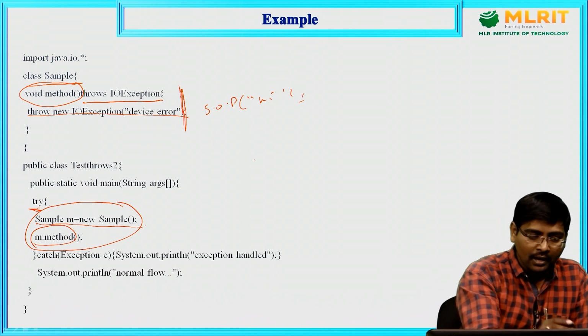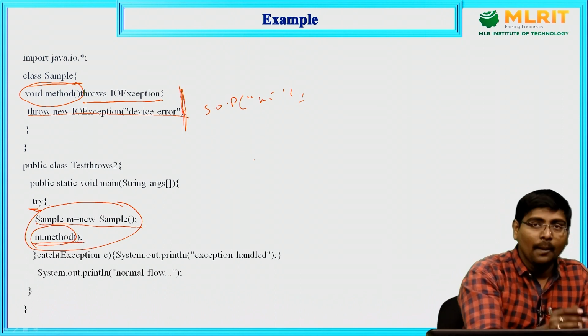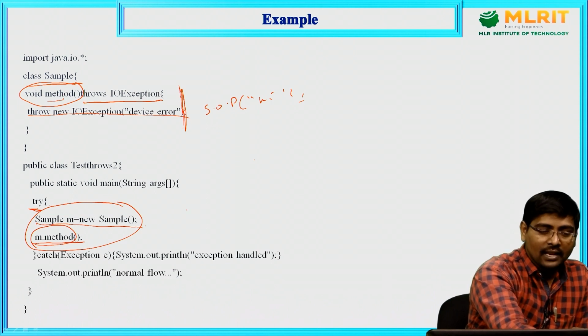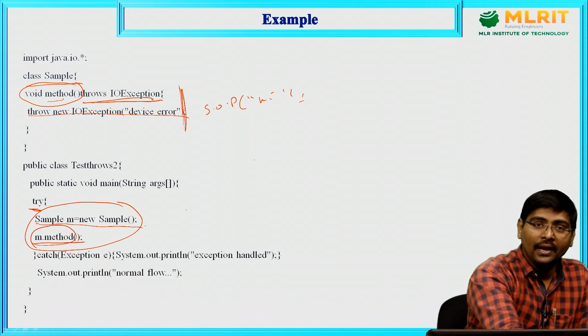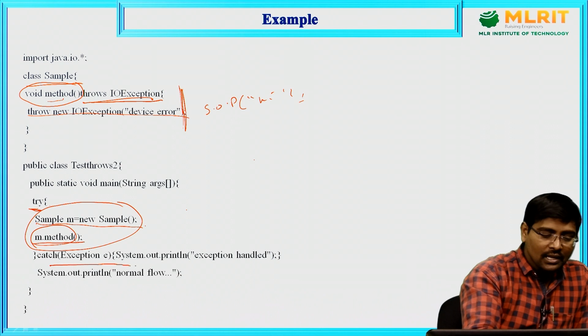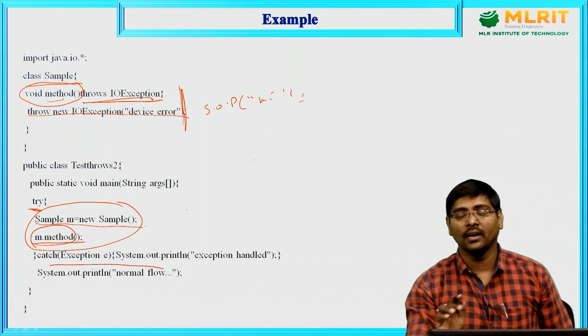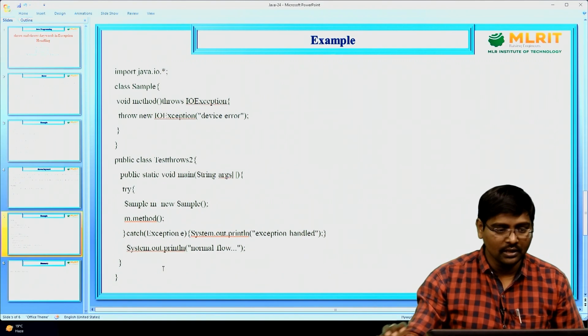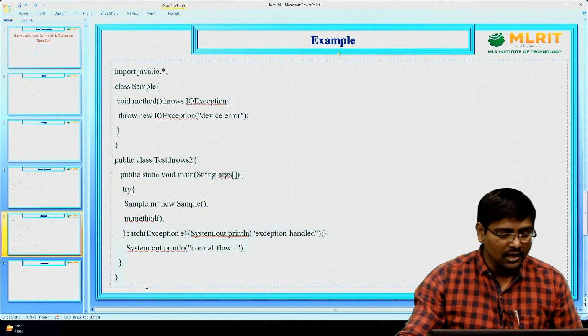Clear? Now I call the method M, it goes to the method, and whenever there is an exception, immediately that exception is handled here. Now you got it? That is the point of the throws keyword.